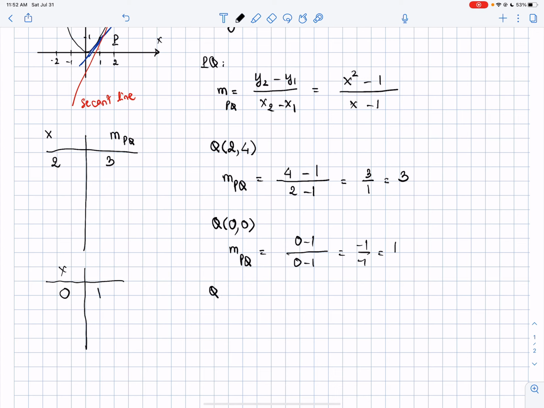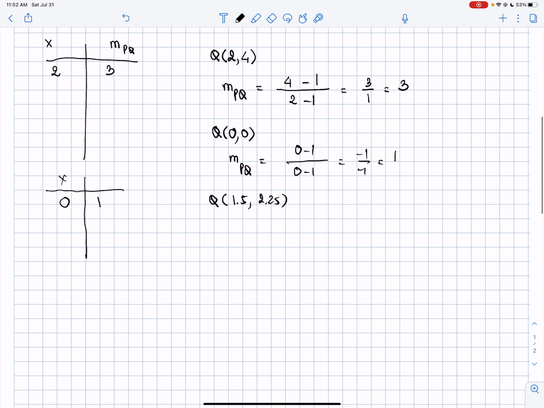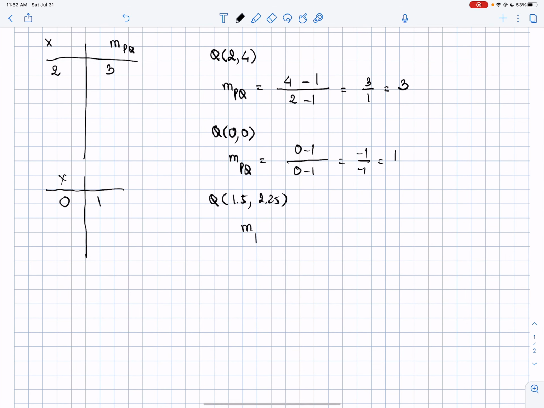Then what if the point Q is 1.5? The y part is 2.25. Then the secant line PQ has the slope 2.25 minus 1 over 1.5 minus 1, and we will get the answer 2.5.